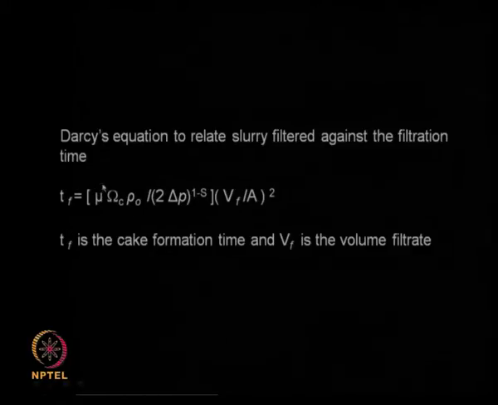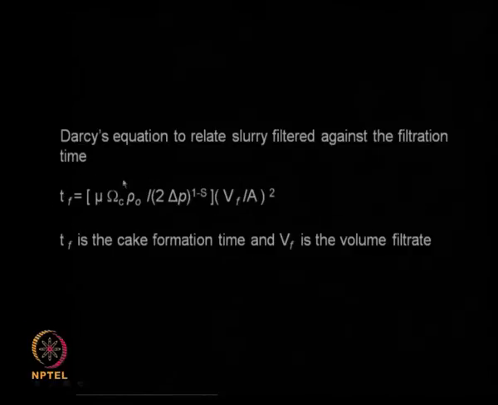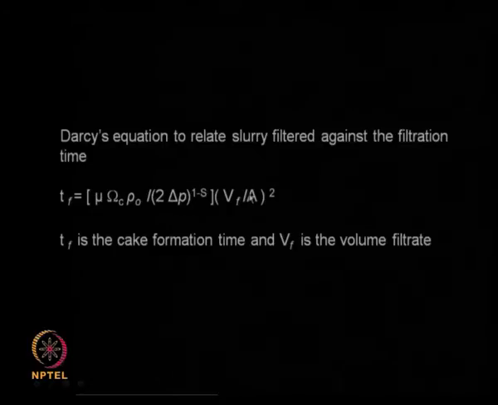So if you remember from our previous slides, you will get a relation for the time taken for the cake to form, or to filter a slurry of volume Vf. A is the area which is dipped inside your slurry tank, rho naught as you know is the mass of the solid per volume, mu is the viscosity, and this is the resistivity.